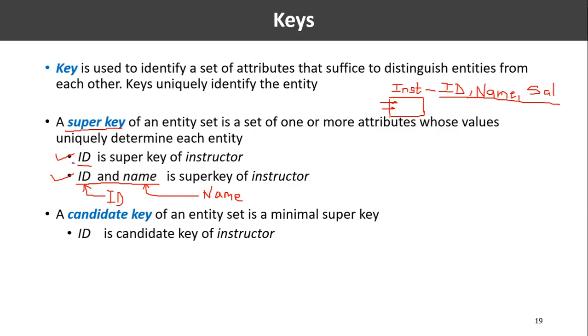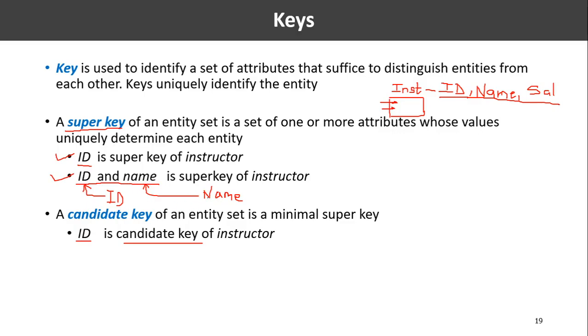And in this subset I am having the single attribute, so I may not have any other subset of this ID, and that is why I may say that only ID, if I consider, is a minimal super key, and that is why I may designate this ID as the candidate key. But if I look at this super key ID and name, I am having two proper subsets.